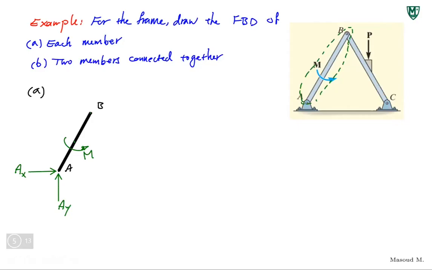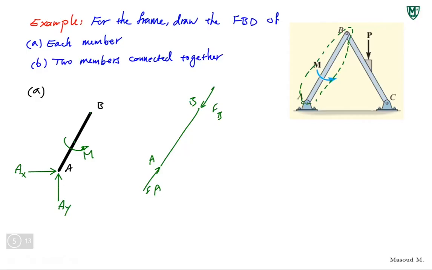Now, if I didn't have this moment, if M was not there, this would have been a two-force member. And I could just easily say, if this is AB, this is FA, this is FB. It's a two-force member. There could only be two forces, and they both should be along the member.